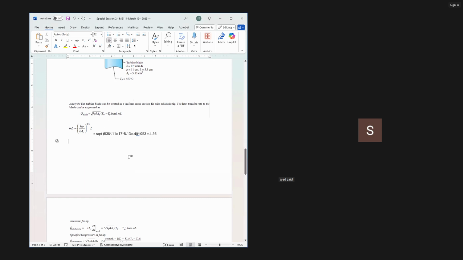So why don't we find out also the square root of HPKAC, can you calculate that? All the values are already here. Right? H multiplied by P perimeter multiplied by K thermal conductivity multiplied by area of cross section and square root.